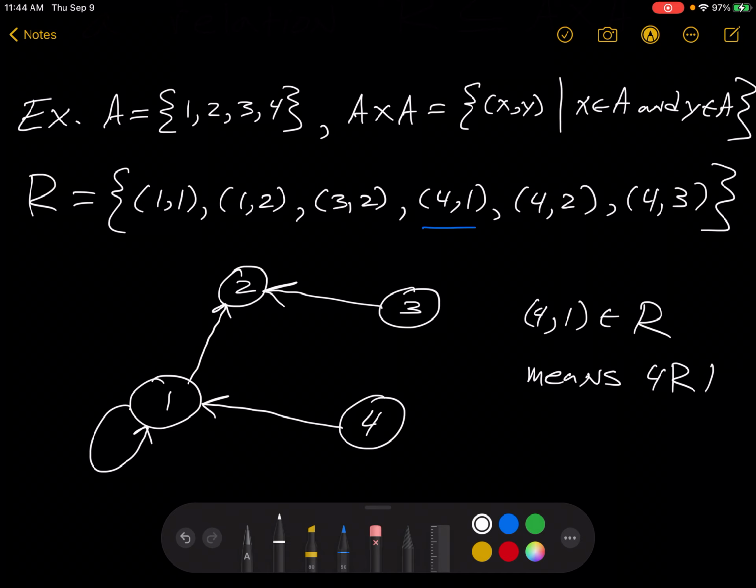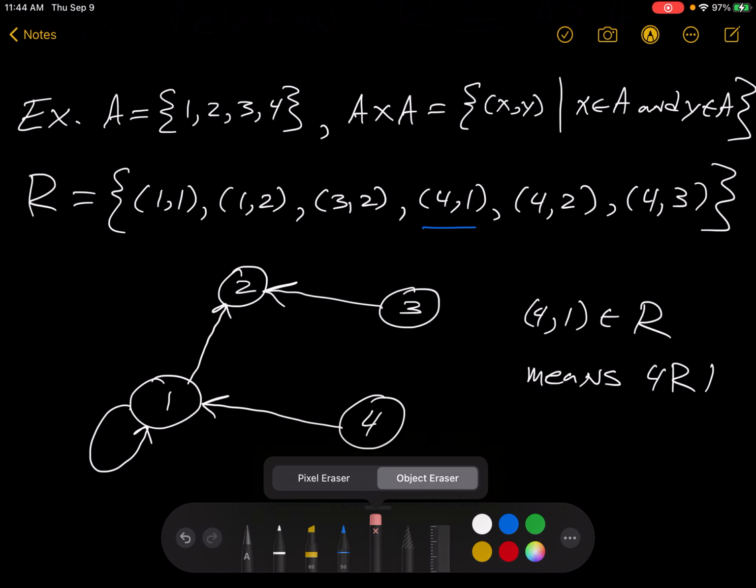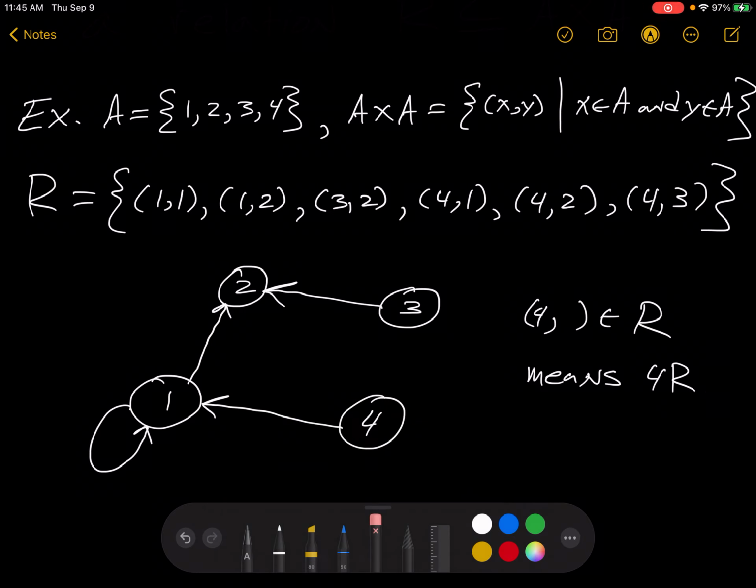An arrow from 4 to 1. Okay, (4, 2). 4 is related to 2. Four is related to 3.